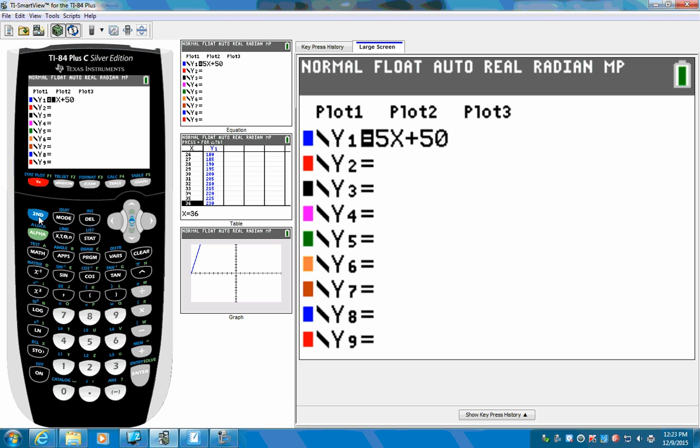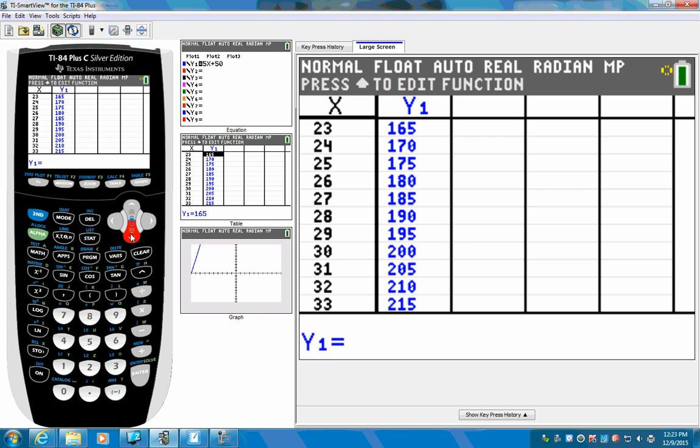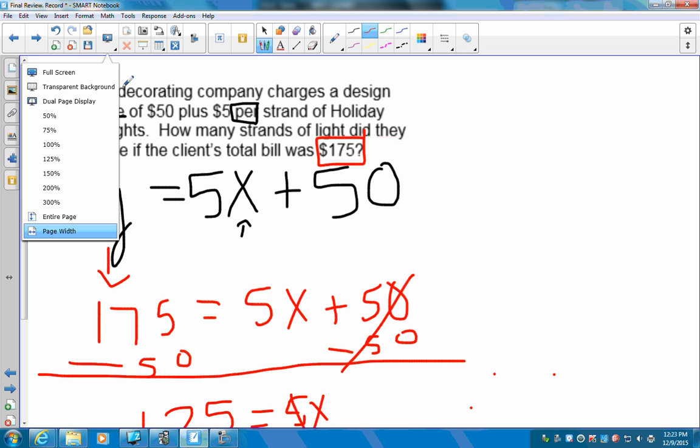What will the x value be? So let me go to my table, and let me find a total cost of 175, which is right here. A total cost of 175 means she's going to buy 25 strands of lights. So that's another way you could have worked this problem.